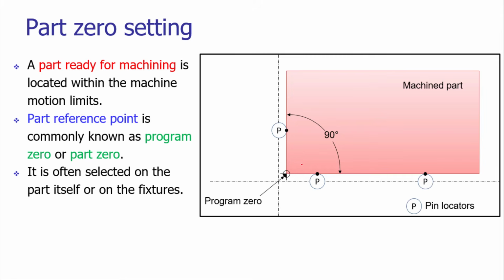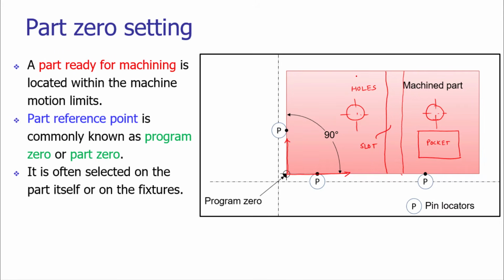As I mentioned, we are having our own part 0 setting. So we know the geometry of our part, we know the locations of the features. Consider a hole to be drilled, or there is another hole to be drilled, or we may have a slot to be machined, or some pocket is to be milled.